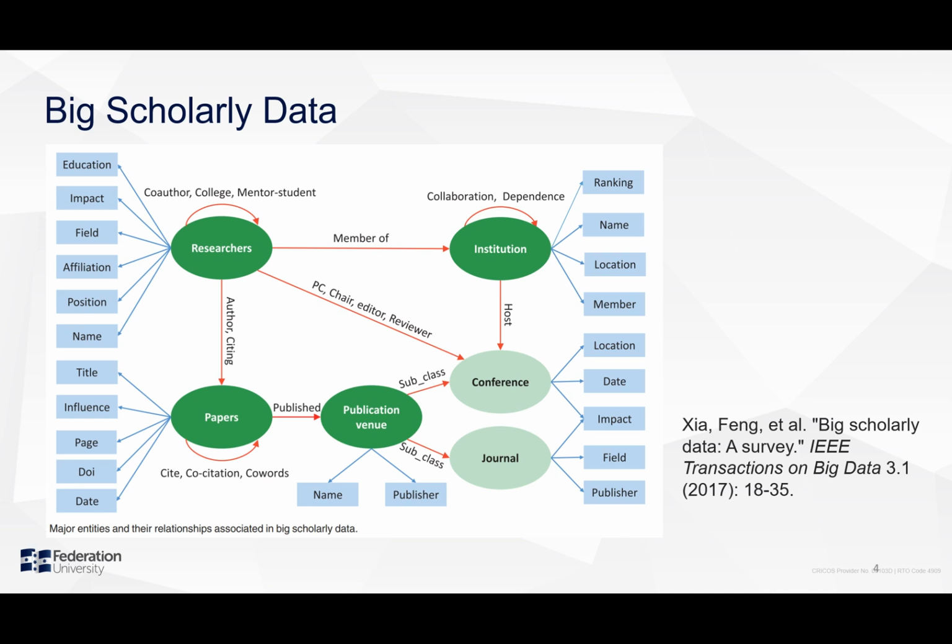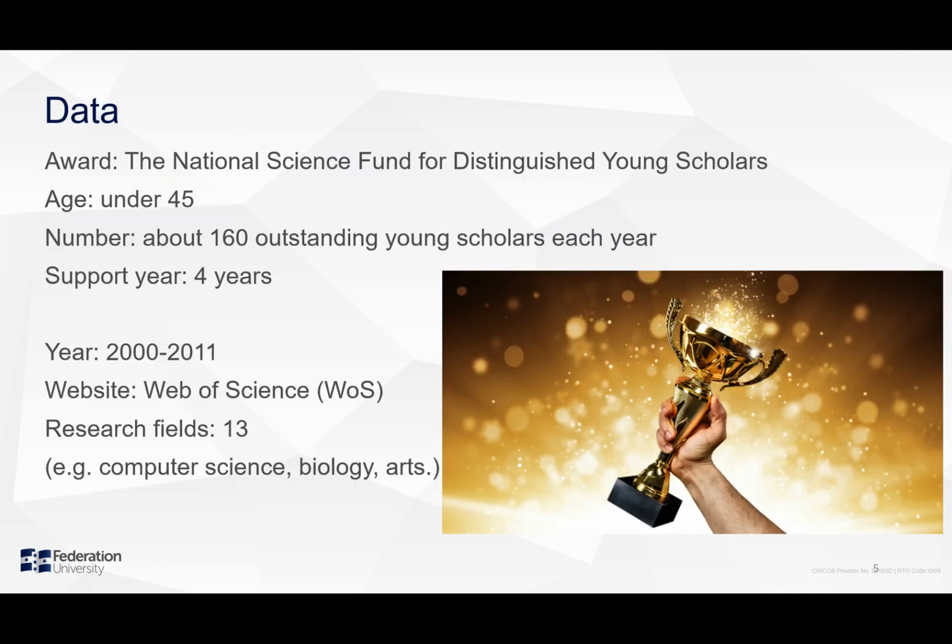So they collaborate with each other, publish papers in conferences or journals. Also, each researcher is affiliated with at least one institution. Each item shown in this figure can be ranked or evaluated from the perspective of academic capacity.